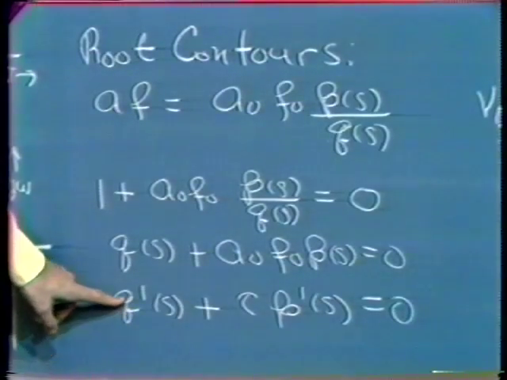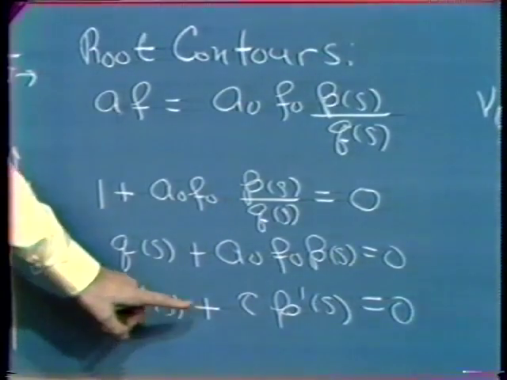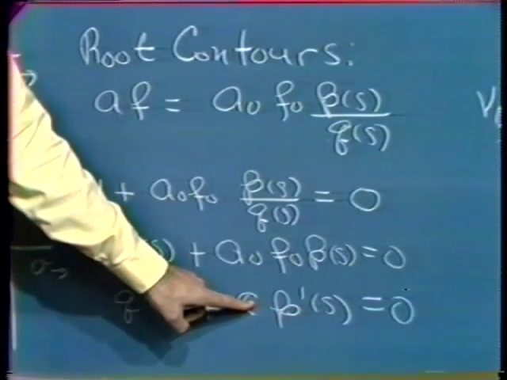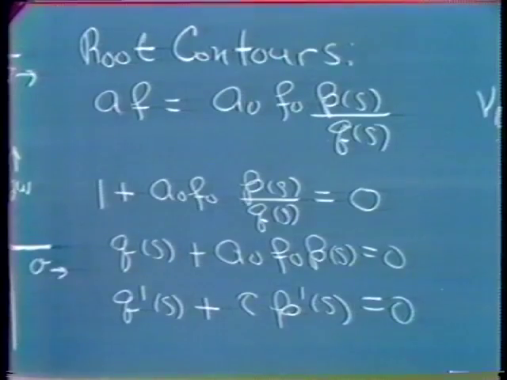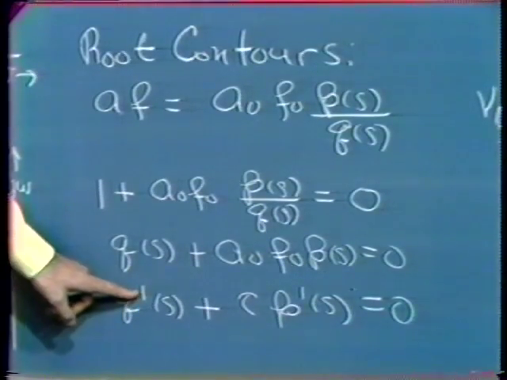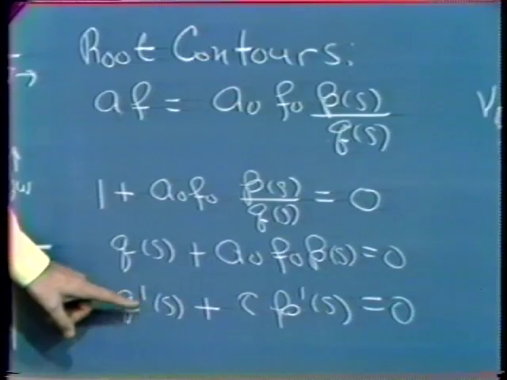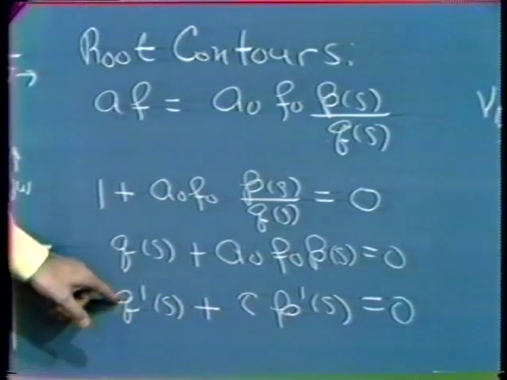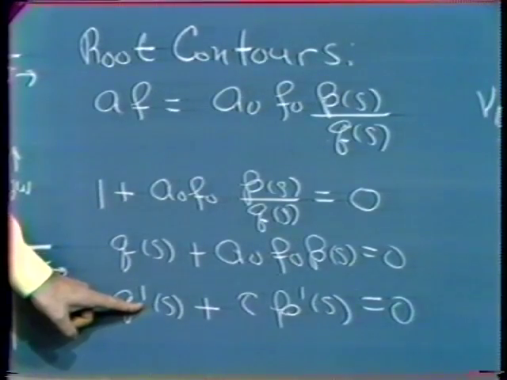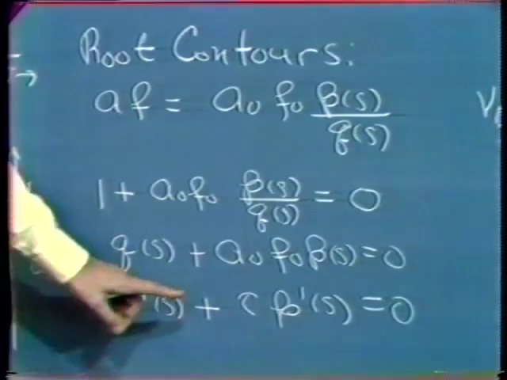We can have some q prime of s plus tau times p prime of s. In this development, I'm assuming that tau is the quantity that we're going to vary. So when we write the characteristic equation, we find certain terms that were not multiplied by tau. We'll collect those terms together and call the resultant polynomial q prime of s.